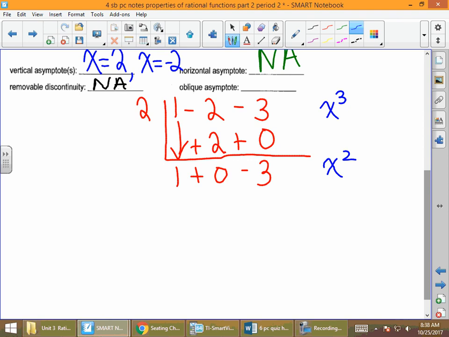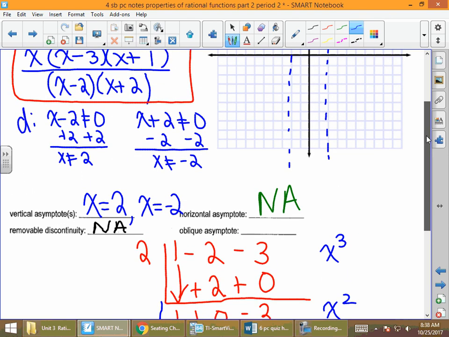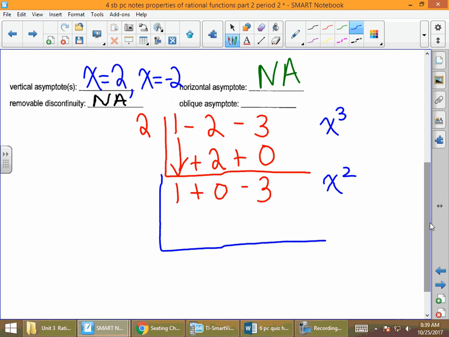But ultimately, what we're trying to do is come up with y equals mx plus b. So we're going to divide again. The other factor in our denominator, we just did the x minus 2, is x plus 2. And remember, we're going to change the sign on the plus 2 to the minus 2. We're going to carry down this 1.